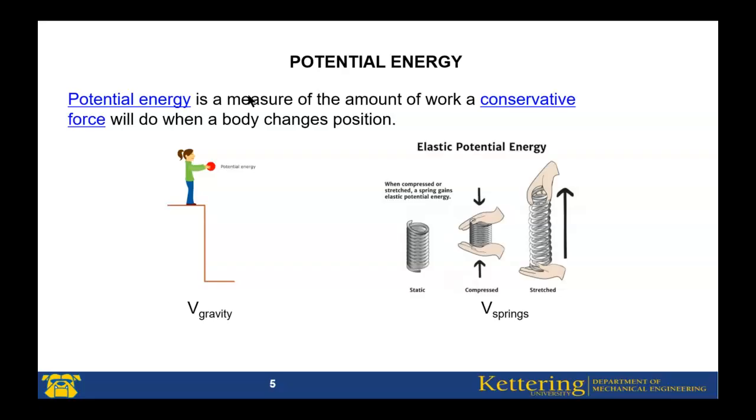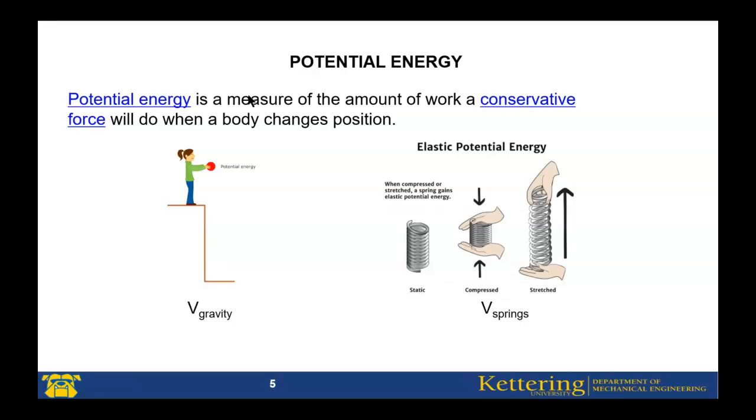For example, if you release a ball from some height, when it reaches the ground, it has some potential energy. Or if you compress or stretch a spring, a spring also has a potential. All of you have potential. Okay, and this is here.